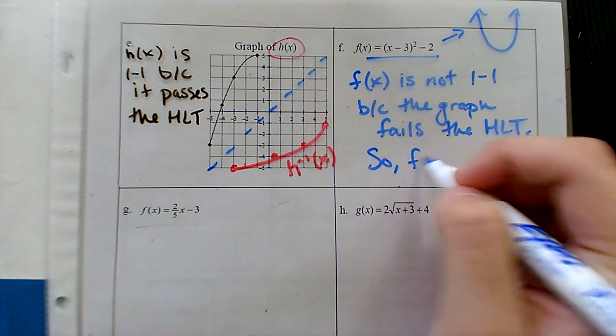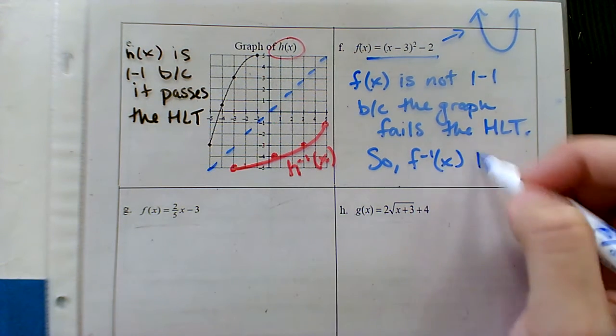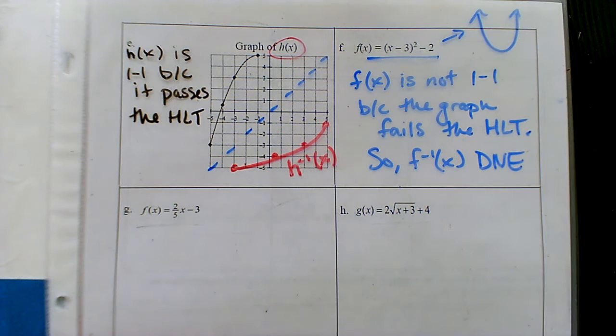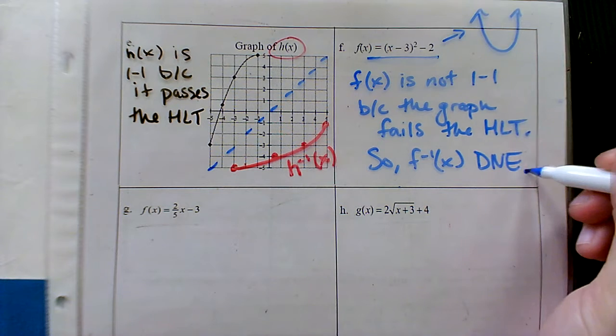Therefore, we know the inverse doesn't exist. If we were to switch all of those ordered pairs on the graph, we would no longer be able to use the vertical line test. It wouldn't be a function.